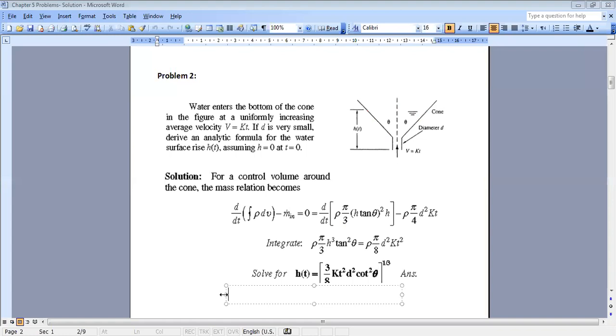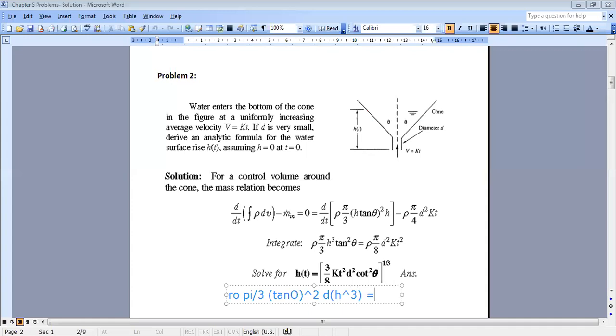Okay, so you have a constant that you can take outside, rho times pi over 3 times tangent theta squared. You can take it outside of the integration. Okay, and what you still have inside is d of h cubed. And I will take dt to the other side to do separation of variables.